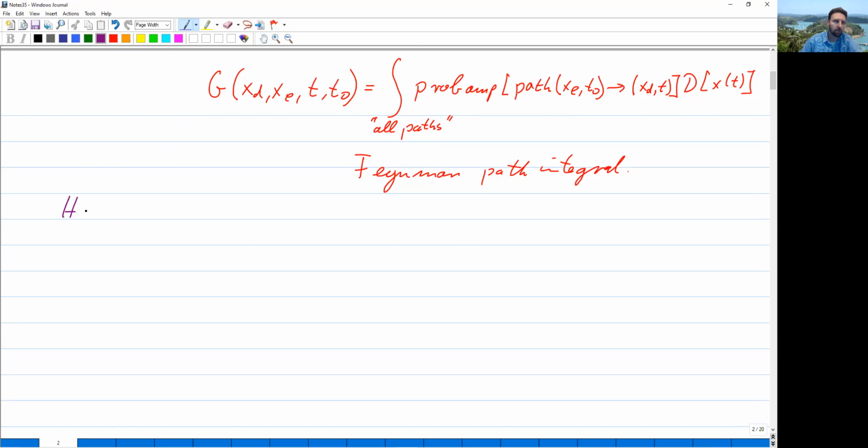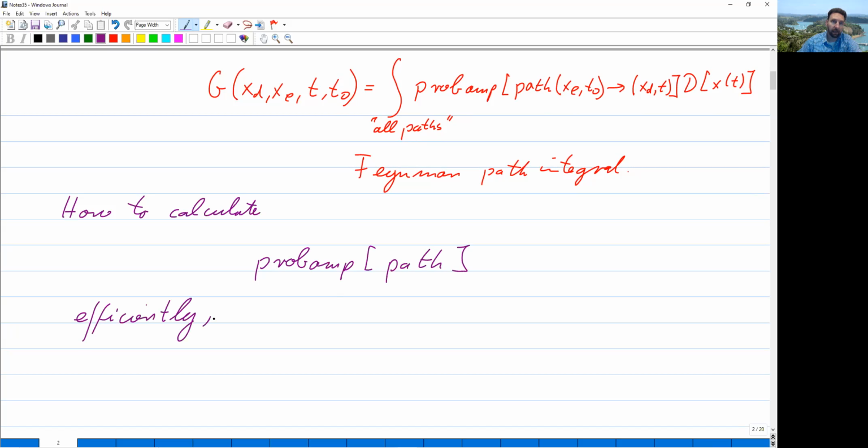So, how to calculate the probability amplitude for a path efficiently and without needing any quantum mechanical tools?